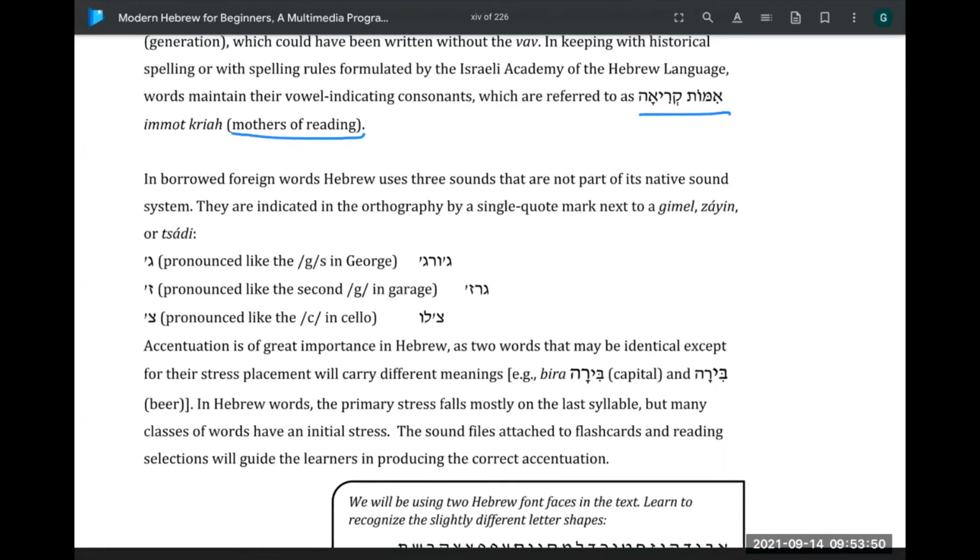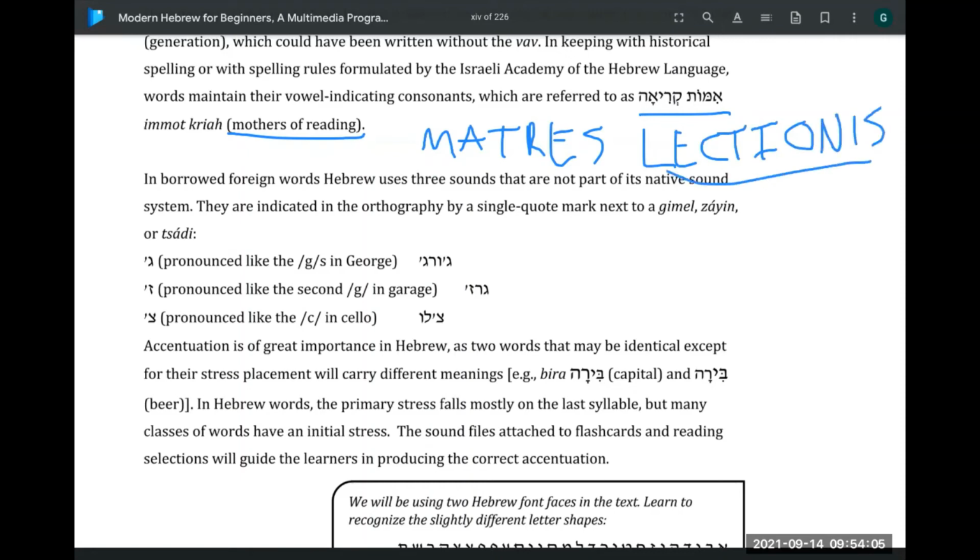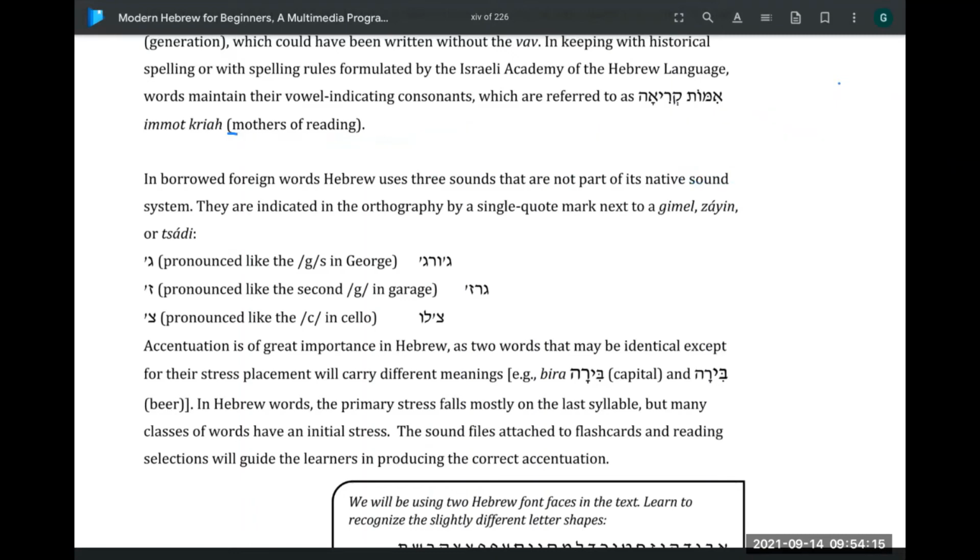Also in Latin, you might see this: matres lectionis. Mothers of reading. You might see that in a Hebrew text coming out of Yale or someplace where they use Latin more so to describe various grammar elements.